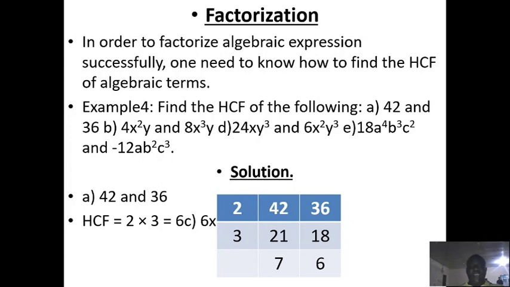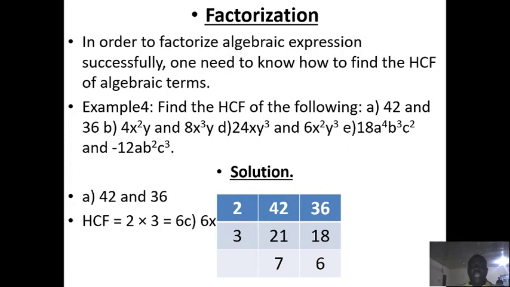So our example one said we should find the HCF of the following, which is what? 42 and 36. Then in order to do this one, we have to look at the item that can divide through.